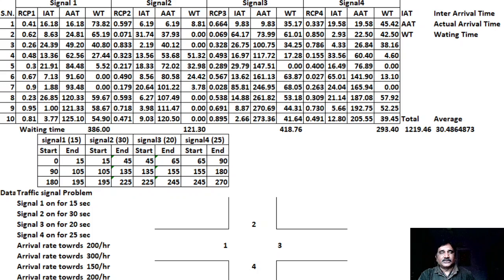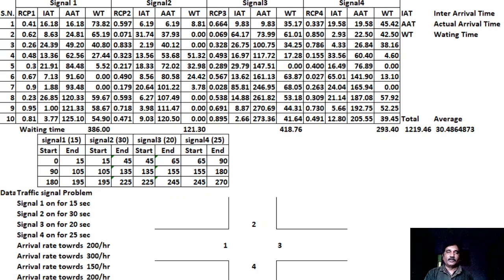All right. Before we go on to simulation, it's very important to look at how the signals will be operating. Signal 1 will be on between 0 to 15 seconds, and signal 2 will be on between 15 to 45. Signal 3 will be on between 45 to 65.